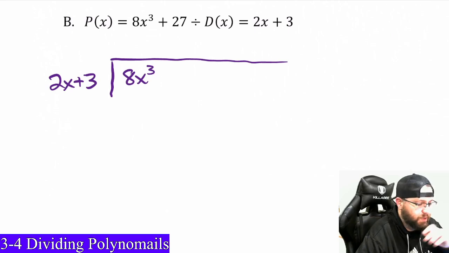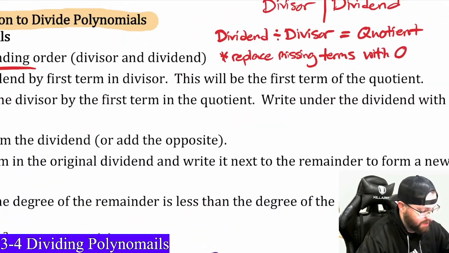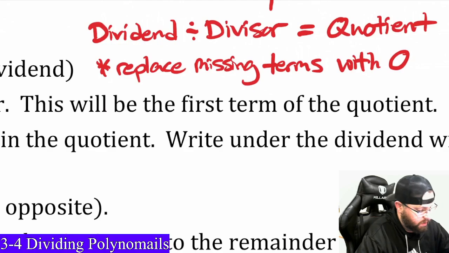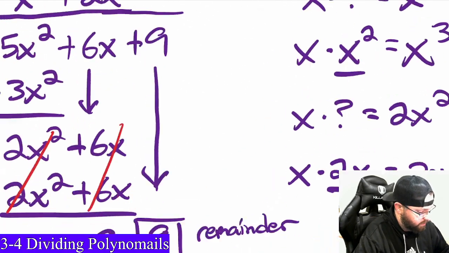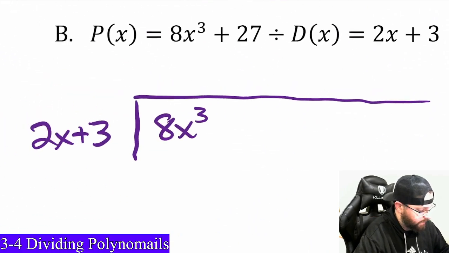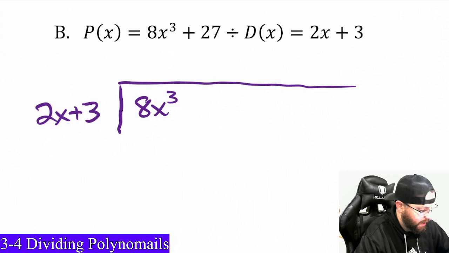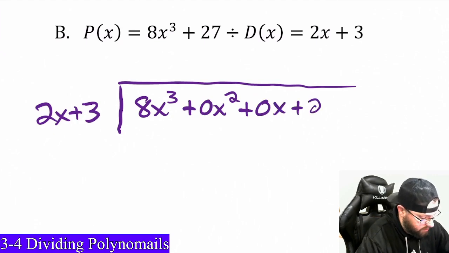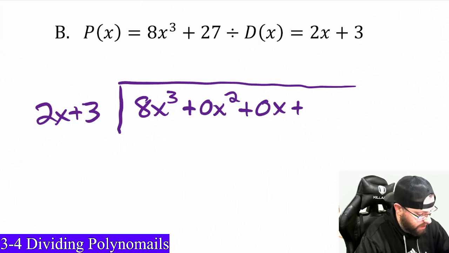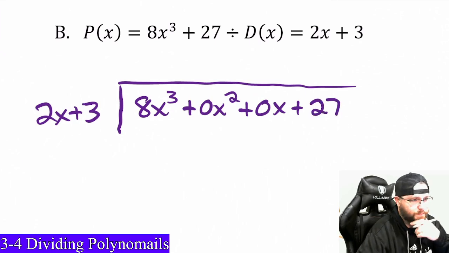And we said up here, replace any missing terms with 0. There is no x squared here, and there is no x. So it would be plus 0x squared plus 0x plus 27, because they are not a part of it.